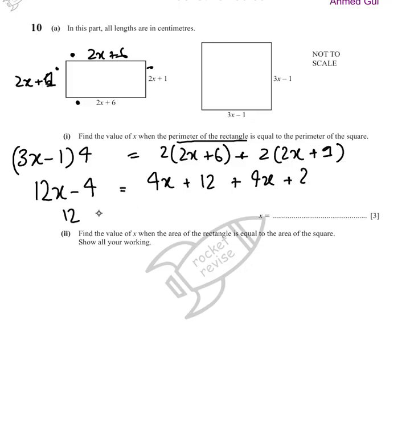This becomes 12x minus 4 equals 8x plus 14. Okay, what's the value of x? 4.5. Good.